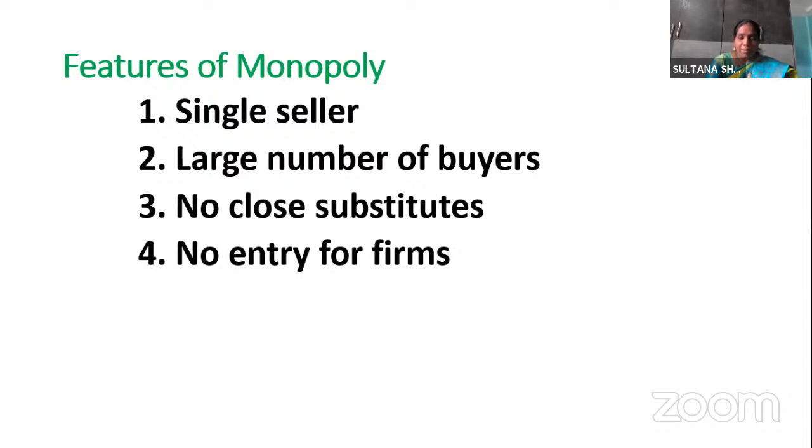If you observe the perfect competition, firms can enter into the industry, firms can exit from the industry. But in the case of monopoly market, no entry for firms. Why? Because single firm industry we can say. This monopoly market is a single firm industry. Here, firm is that only and industry is that only. There is no competition, so no entry for firms.